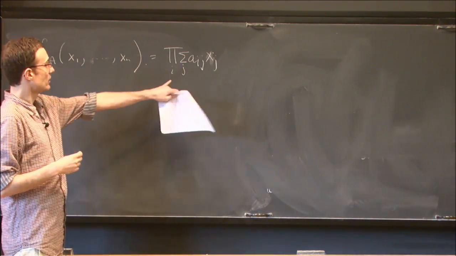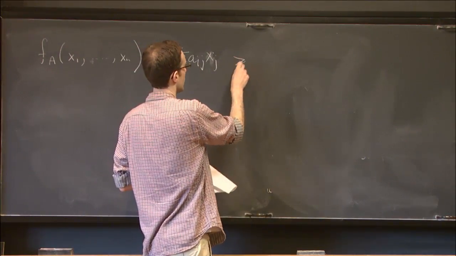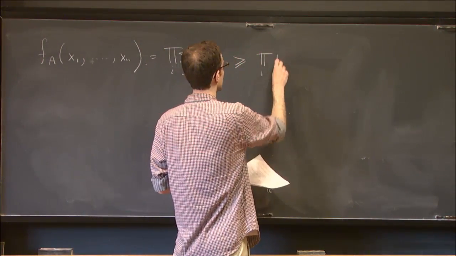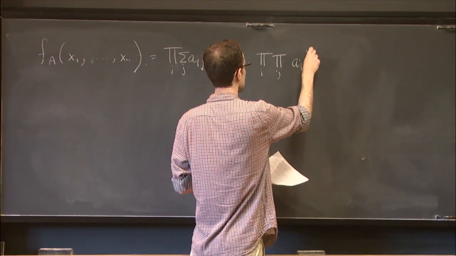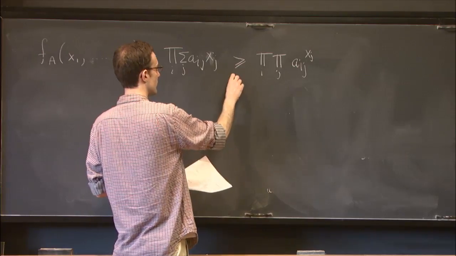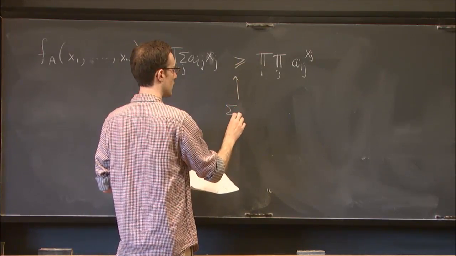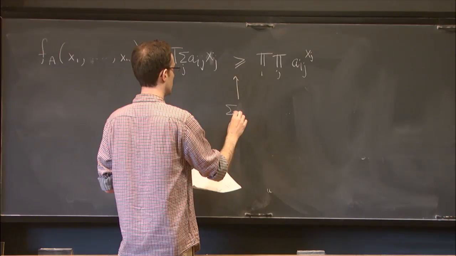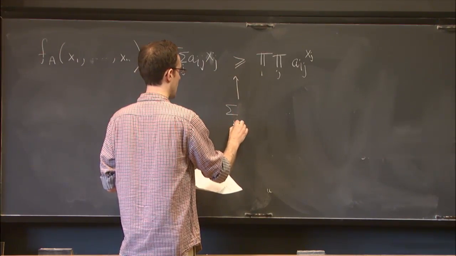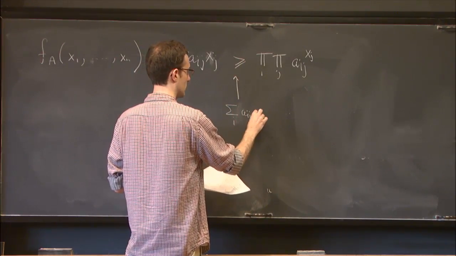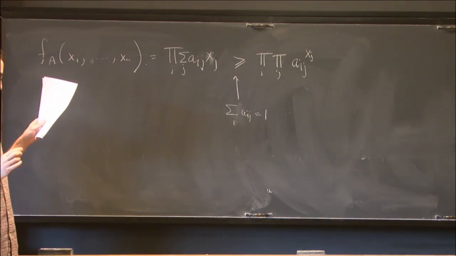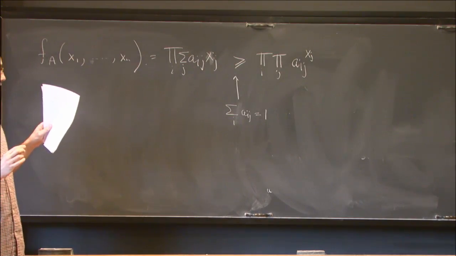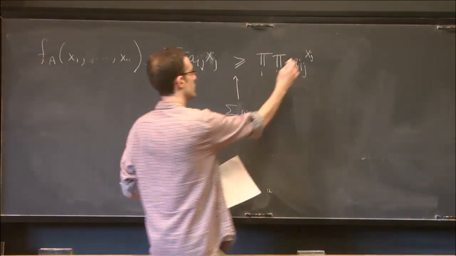And by AM-GM, this is greater than or equal to the product over i, product over j, of xj to the aij. And this uses the fact that the sum over i of aij is 1.